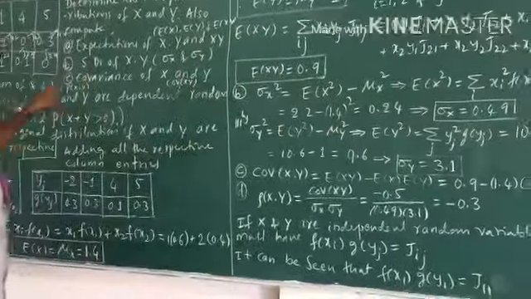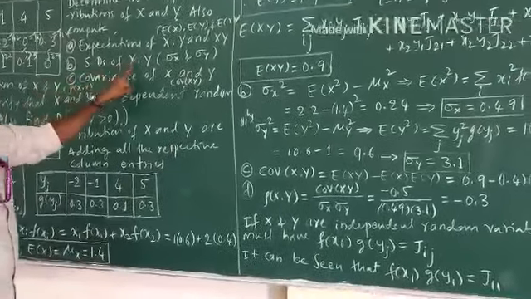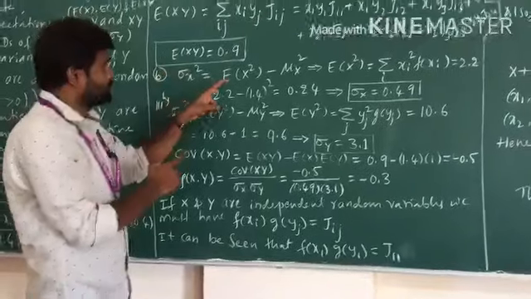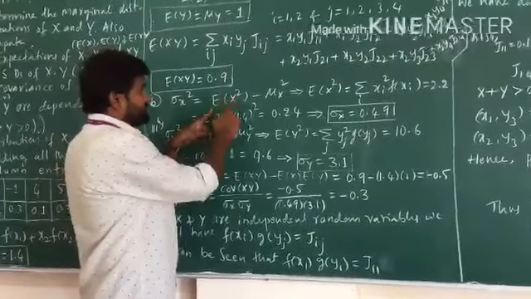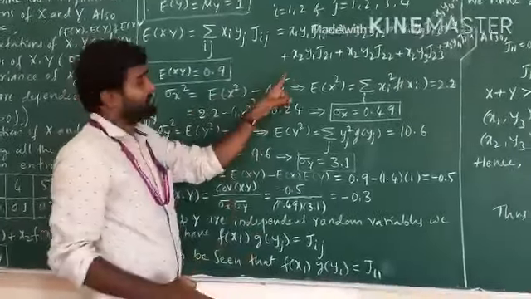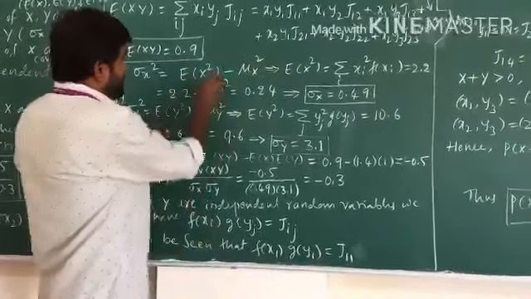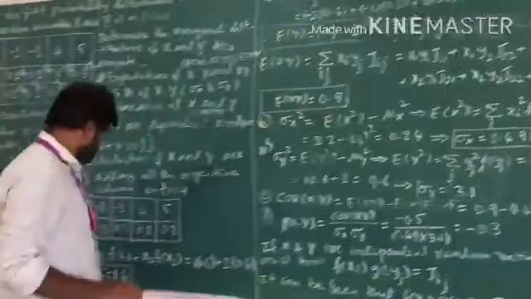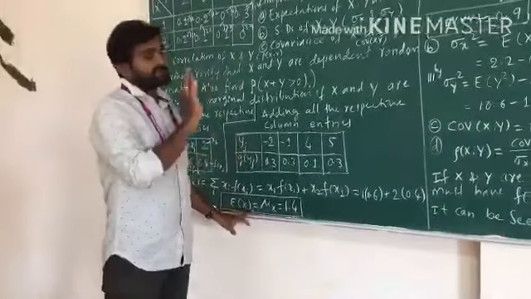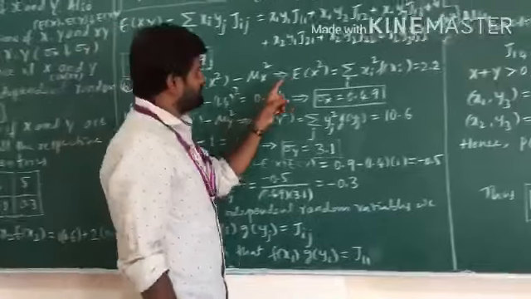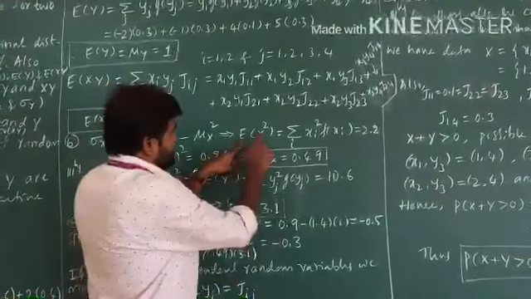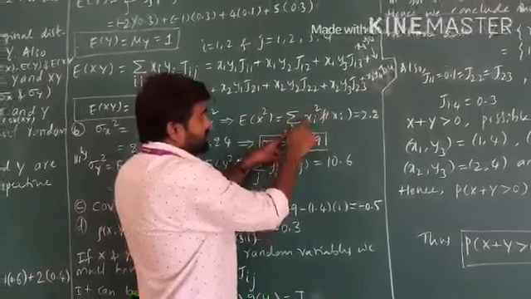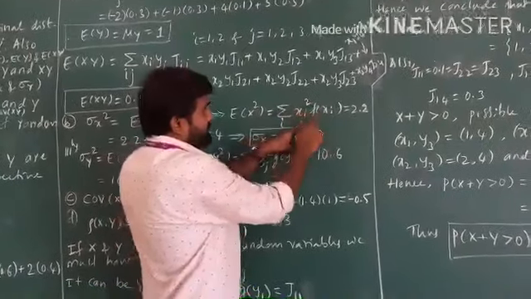Then the B question is the standard deviation of x and y. For delta x, the expression is delta x square equal to expectation of x square minus mu x square. We need to find this value, but we only know the expectation of x, we don't have the expectation of x square. So expectation of x square is the summation over i of xi square f of xi.